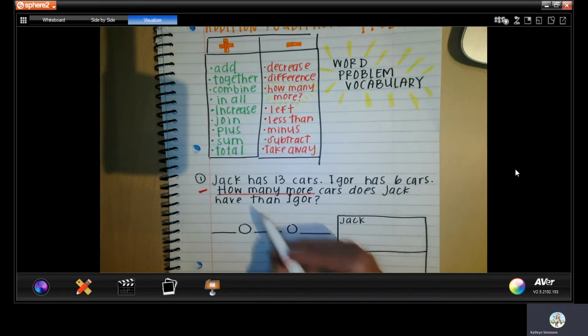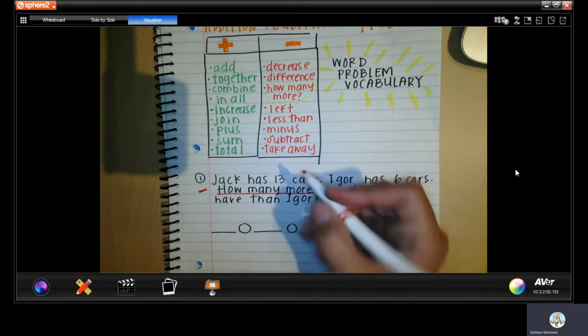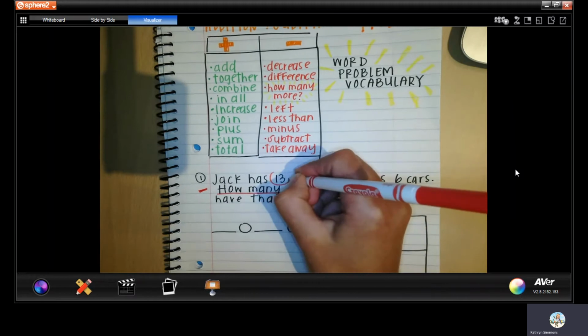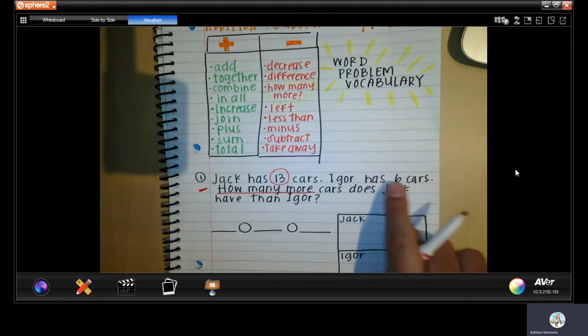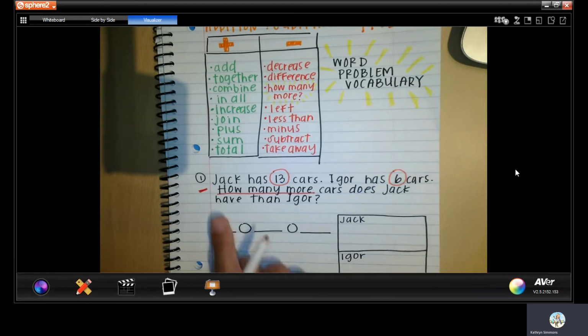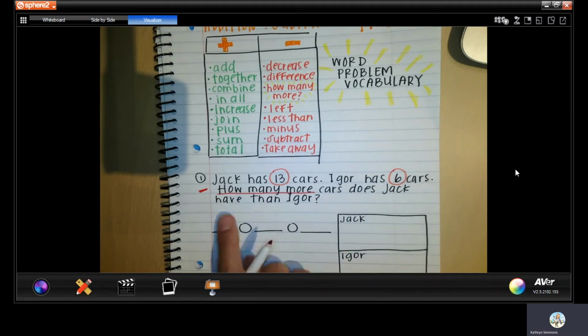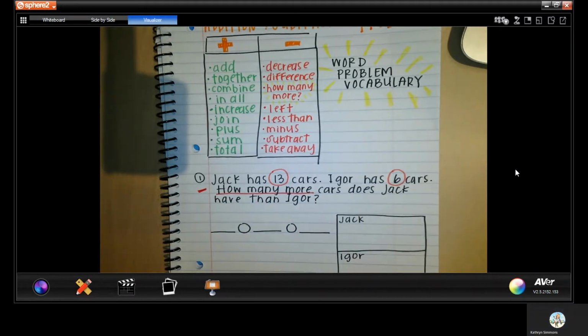All right, I know what I'm going to be doing, but what numbers am I going to be subtracting? I'm going to look through my word problem and circle the numbers. Jack has 13 cars. 13 is one of my numbers. Igor has 6 cars. 6 is one of my numbers. How many more tells me I'm subtracting. Now I'm going to fill in my equation.